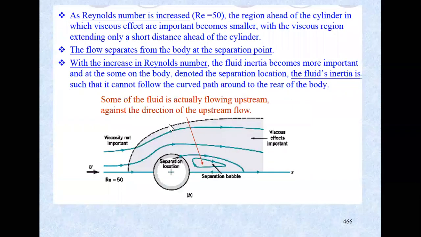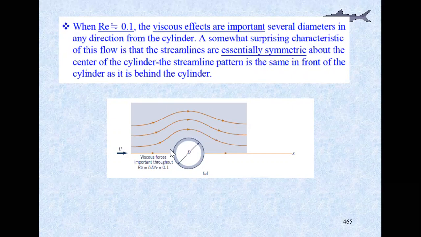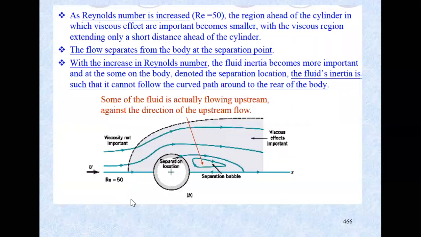But when you have a high Reynolds number, now you have a separation. Over here, you have the streamline still attached to the wall of the cylinder. As the Reynolds number increases, you have the separations. So you have separations at the back.